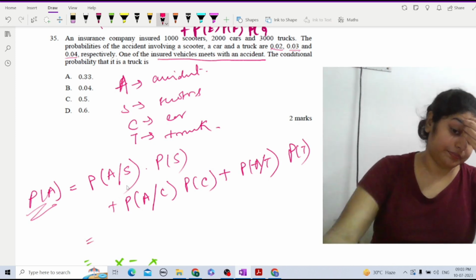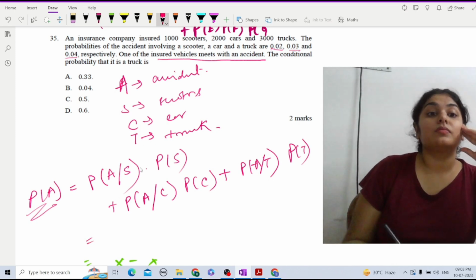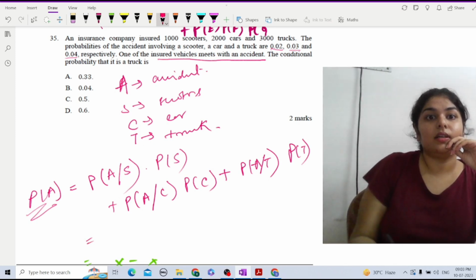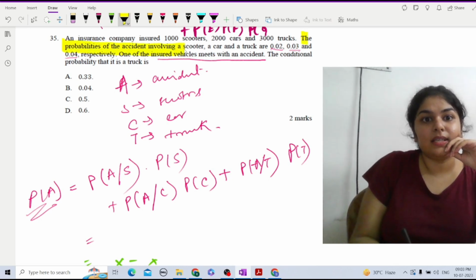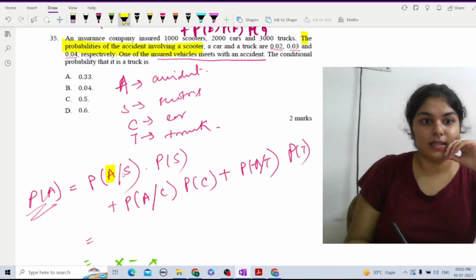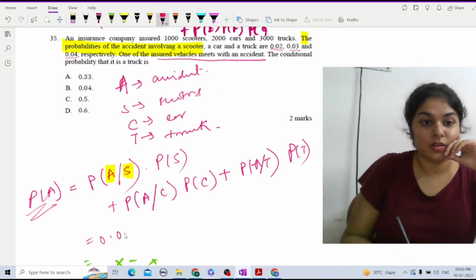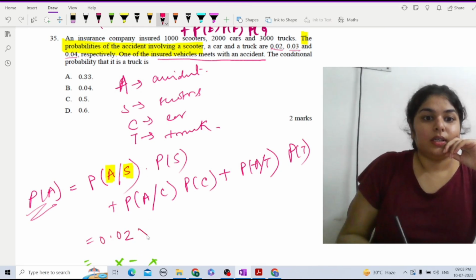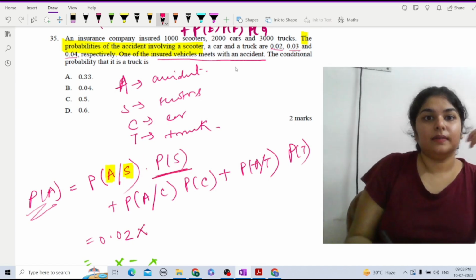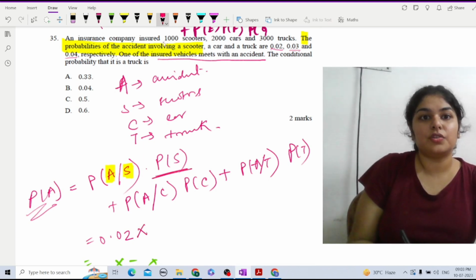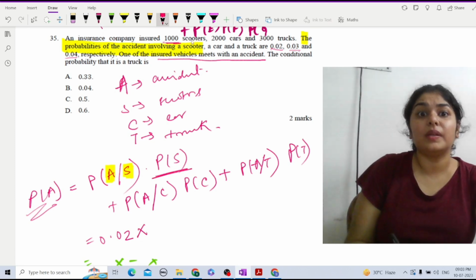So A given S. So here it is clearly given. See, the probability of the accident involving a scooter is 0.02 into, what is the probability here? Insurance company getting insured is 1000 scooters, right? Out of how many? 1000 plus 2000, 3000 plus 6000.